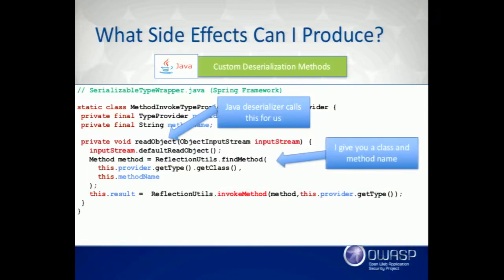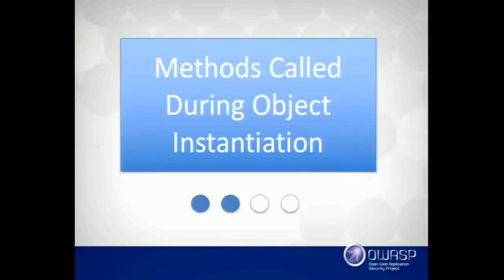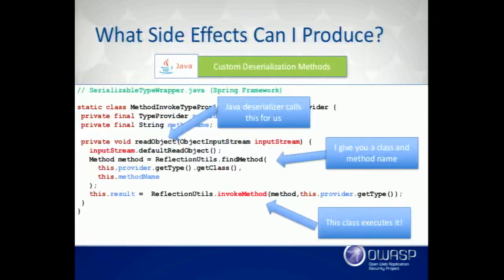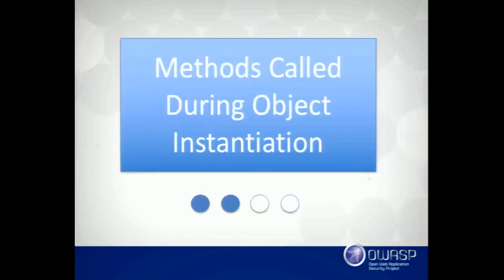And what this does is it takes a class and a method name supplied by the person who's sending the message, and then it calls that class and method name. So clearly developers weren't thinking about the opportunity for this to be repurposed maliciously. This read object type of side effect is the one that's been most popular for all the exploits that we've seen.